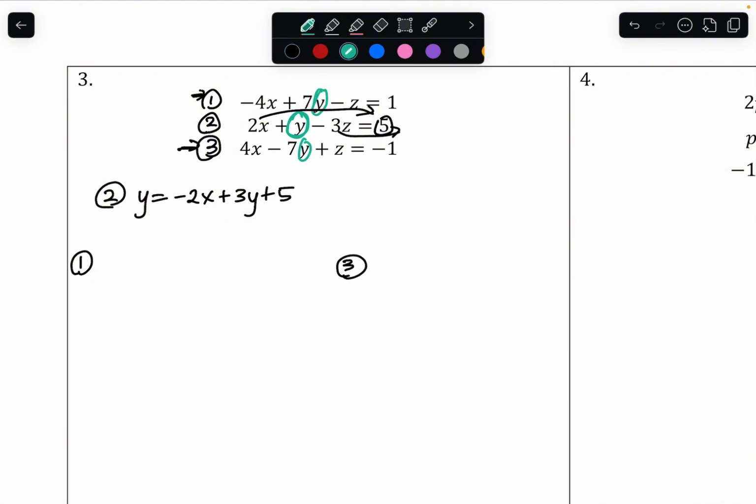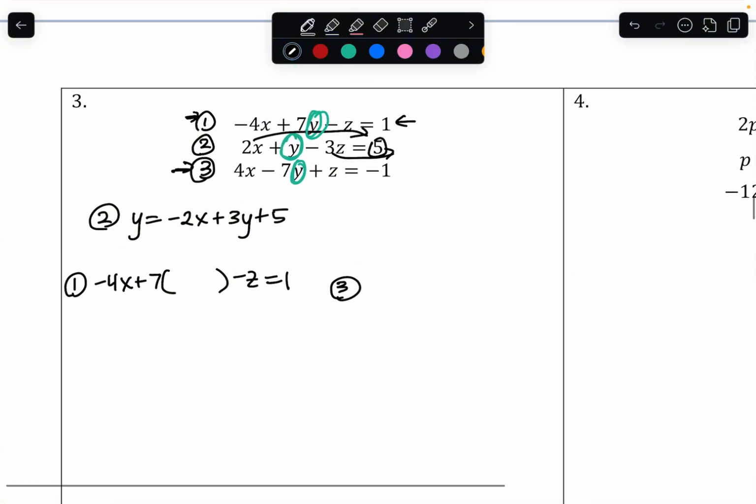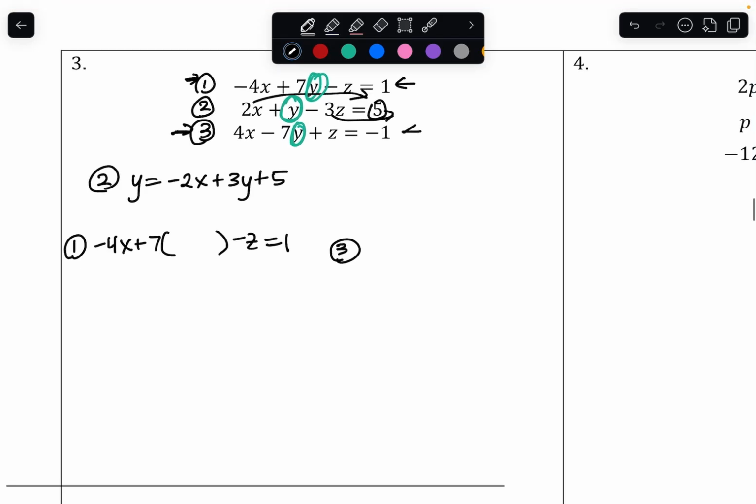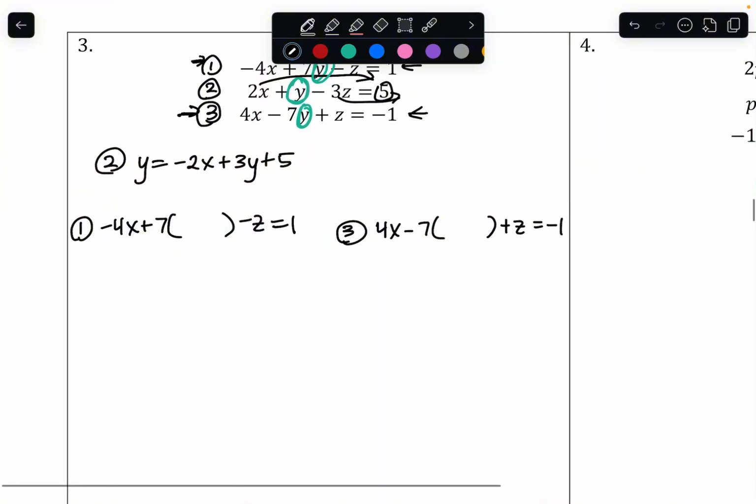Substituting, we're taking y out of the game. So for equation 1, I have a negative 4x plus 7y minus z equals 1. Copying this down without the y. And then now copying equation 3, I have 4x minus 7y plus z equals negative 1.